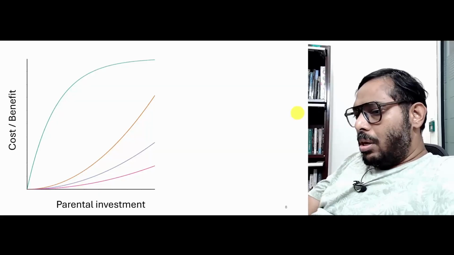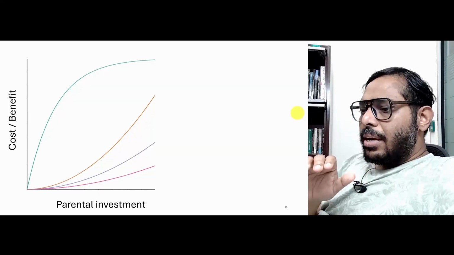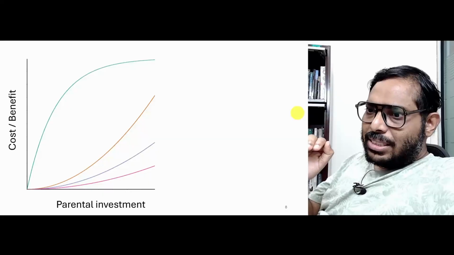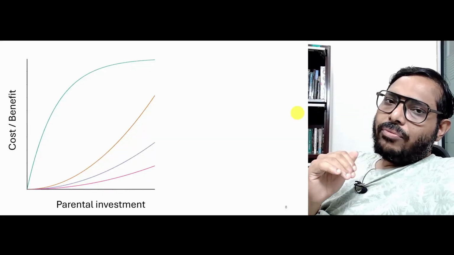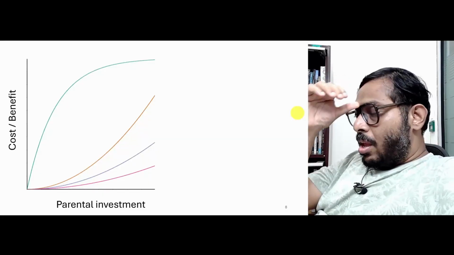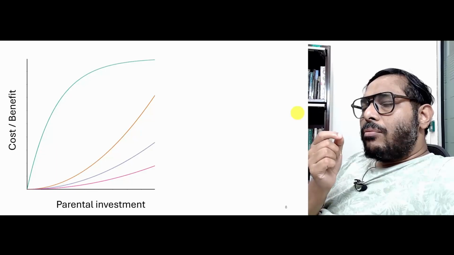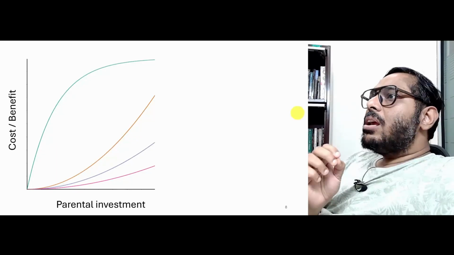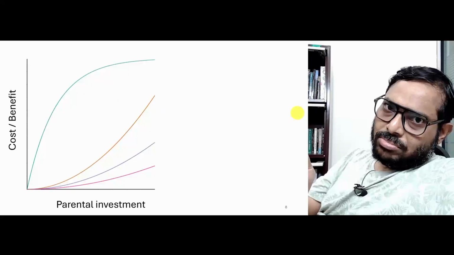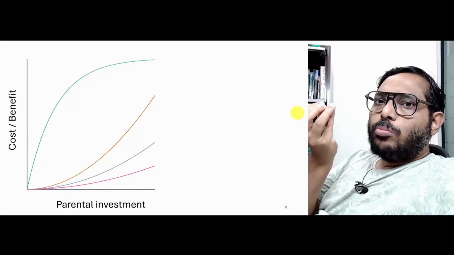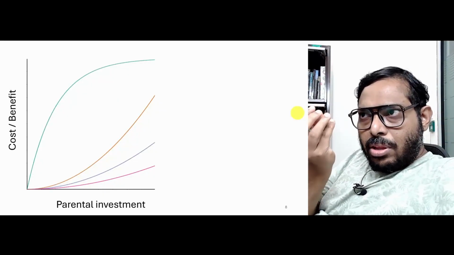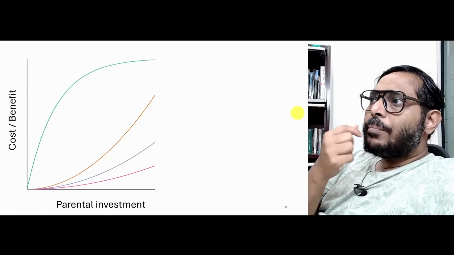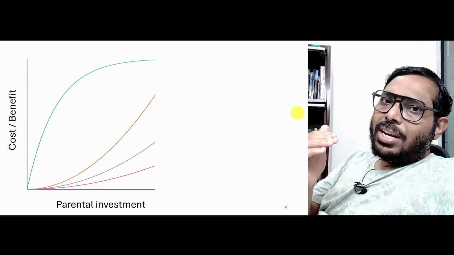So, let us assume that we have parental investment on the x axis and the cost or the benefit on the y axis. Now, in order for any offspring to survive, it requires some resources. Either the resources have to be provided in the form of the proteins etc. surrounding the nucleus, or it has to be some amount of parental care.